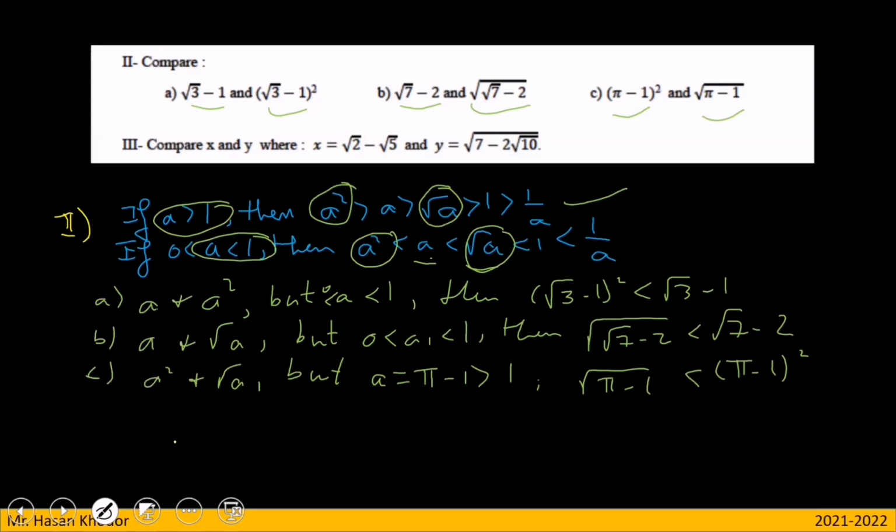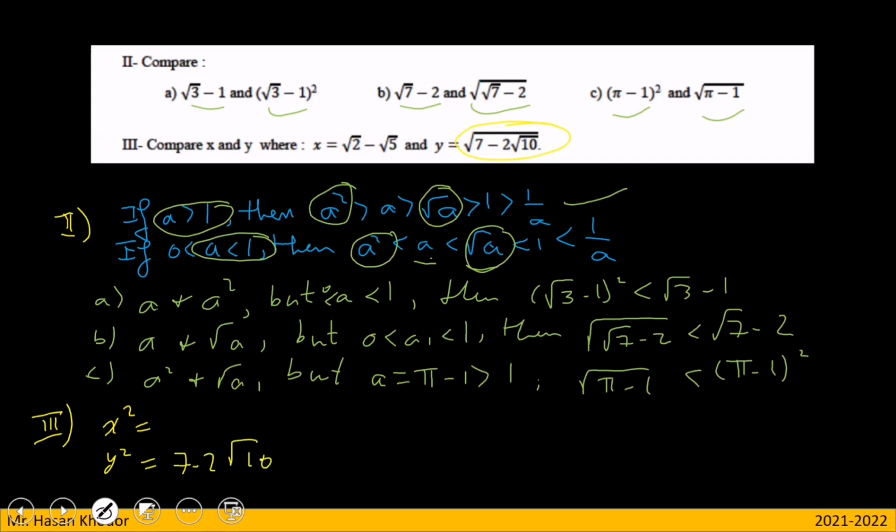Now we go to exercise number 3. Simply, because we have radicals in both x and y, we have to square them both and see what happens. If we square y, we remove the radical sign, we get 7 minus 2 radical 10.